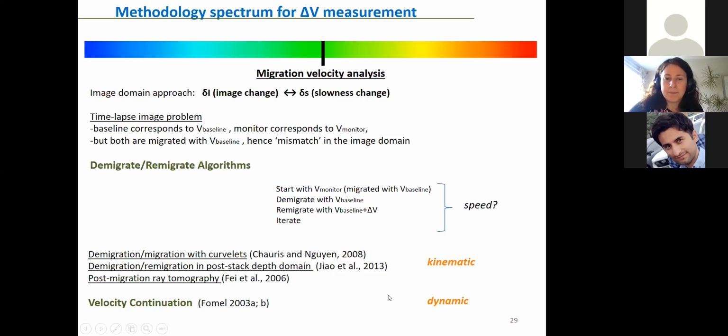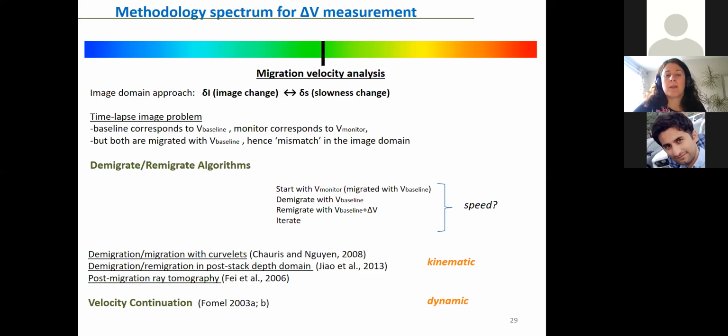And I mentioned all these methods above as a way to speed up the process of demigration, remigration, but all these methods looked at only the kinematic aspects. So you're only looking at the effects of velocity in time.